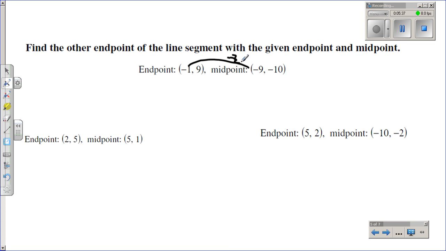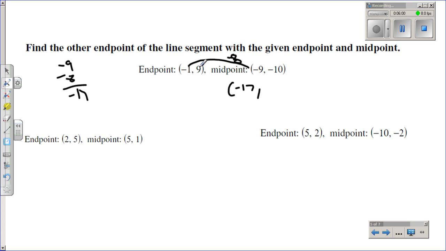Now all I do is go down 8 more. Negative 9 minus 8, I would be at negative 17. So the other point would be, the x would be negative 17.